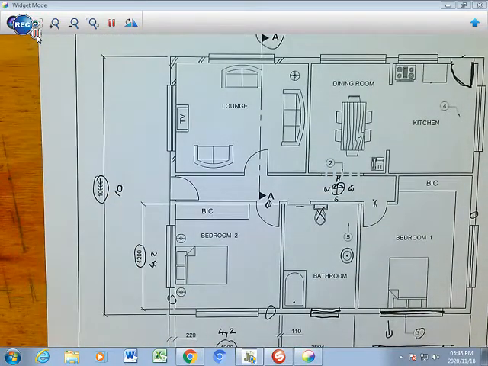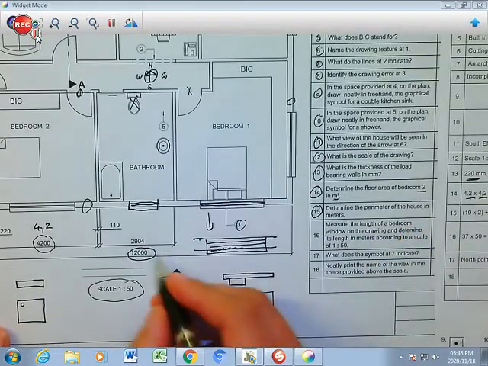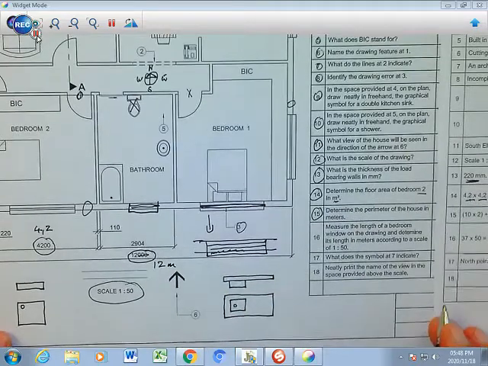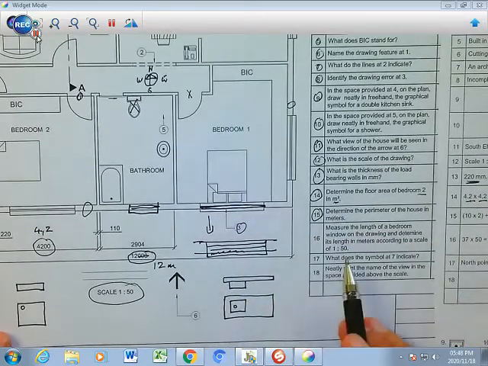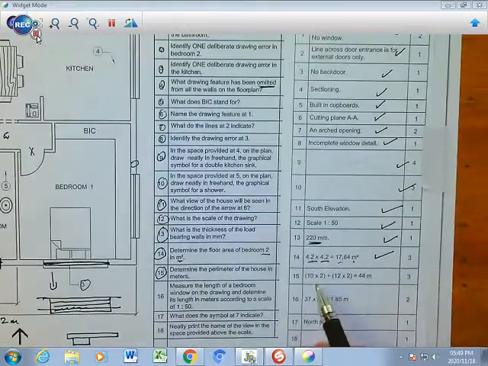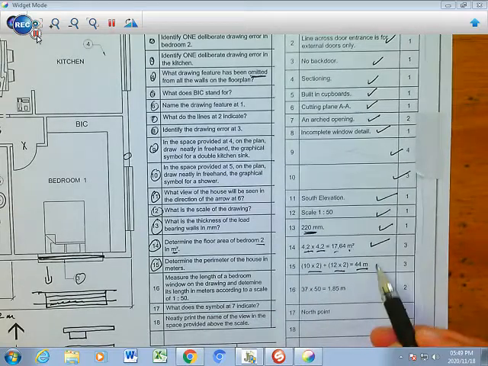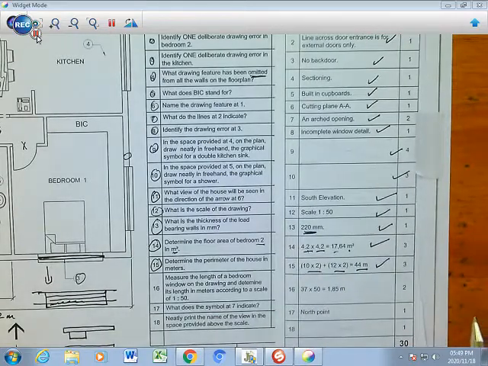Conversion immediately taking place. That is 10 meters. And you're taking the 3 zeros away from the 12, and that's going to be 12 meters. Right? So we need 2 lengths and 2 breadths. So 2 10s and 2 12s, and that's going to be 10 times 2, 12 times 2, and that's going to give you a comfortable 44 meters.